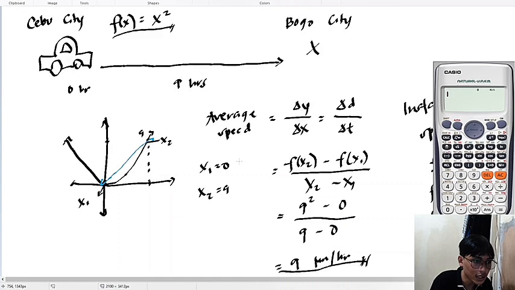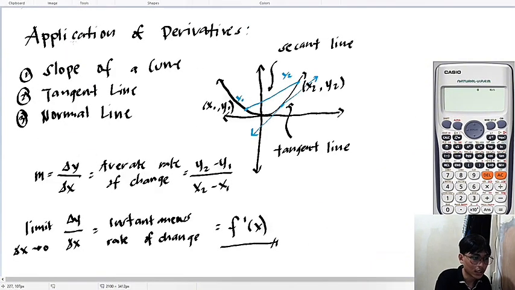So that is the difference of average speed and instantaneous speed, or gitawag na itong average rate of change or instantaneous rate of change. So kung yung average speed, the speed between two distinct points, and yung instantaneous speed, it is your speed at exactly 1 point. Okay? So that is the difference between them.